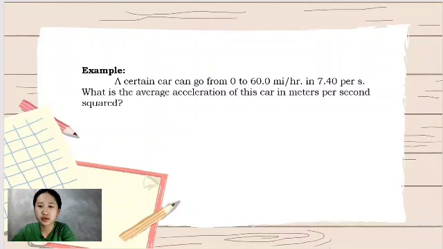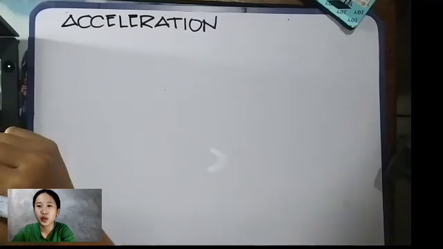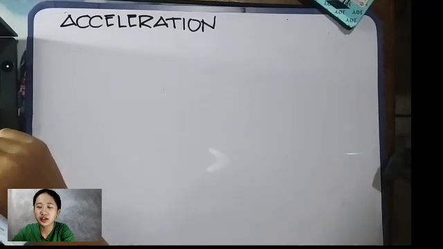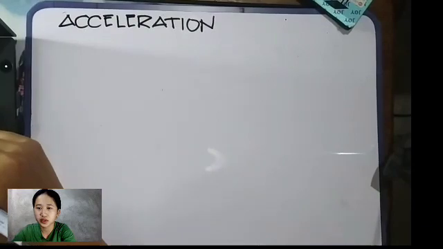Next is we have acceleration. First example is a certain car can go from 0 to 60.0 miles per hour in 7.40 seconds. What is the average acceleration of this car in meters per second squared?